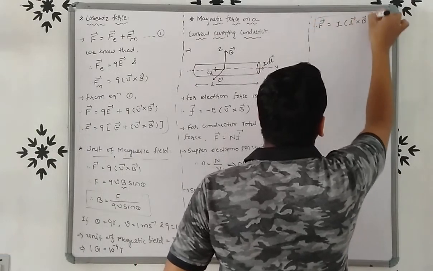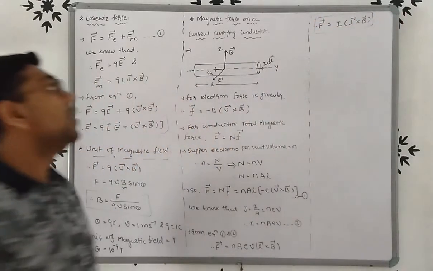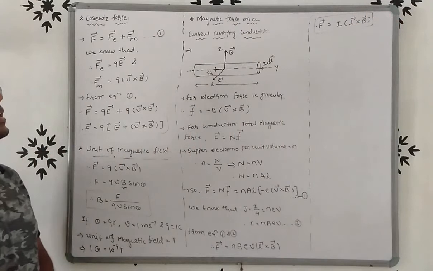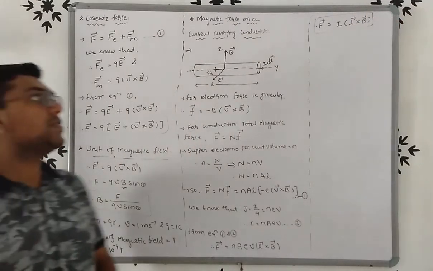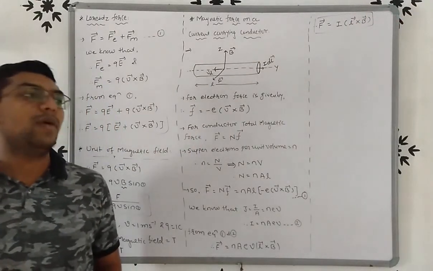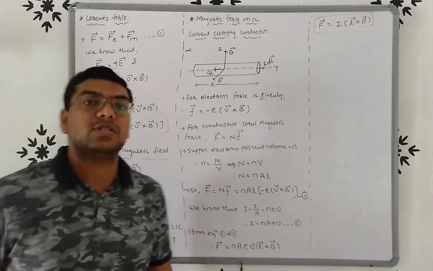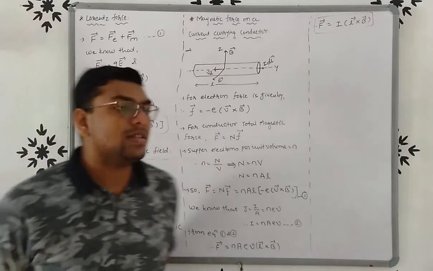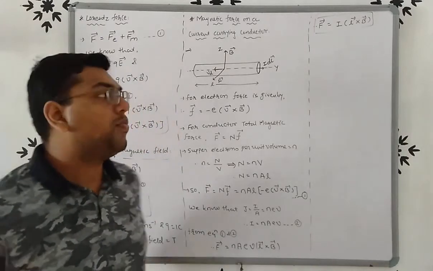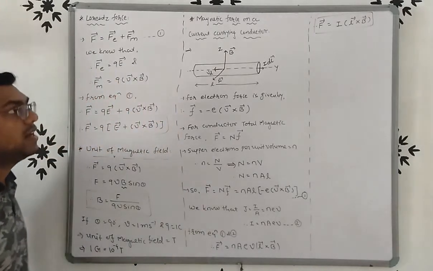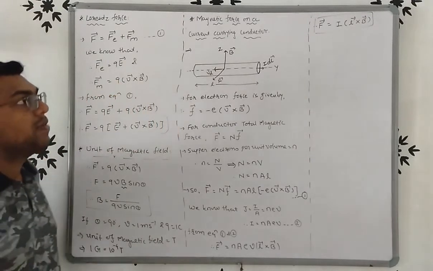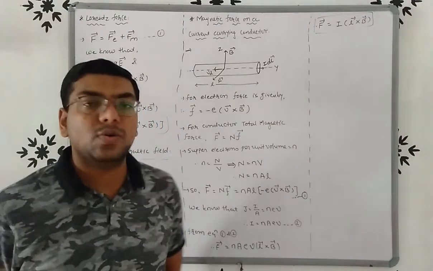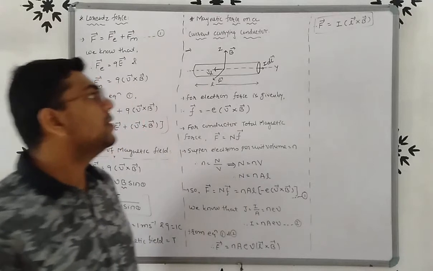So the magnetic force on a current carrying conductor is vector F is equal to I into vector L cross vector B, right? So friends, you have to remember this formula of magnetic force on a current carrying conductor. Vector F is equal to I into vector L cross vector B.